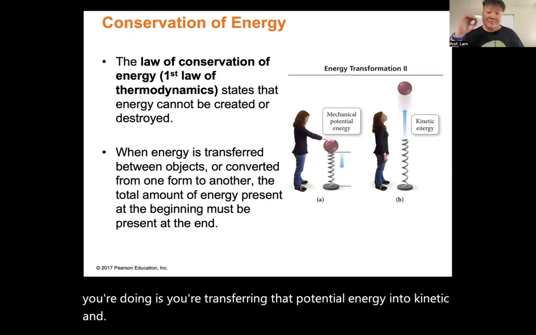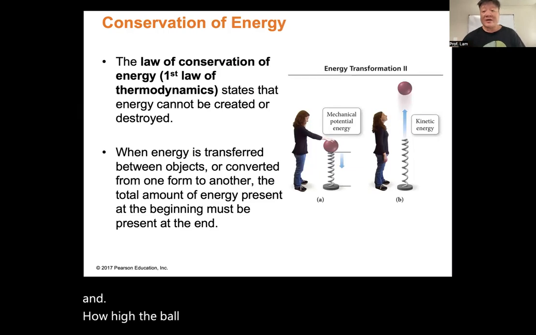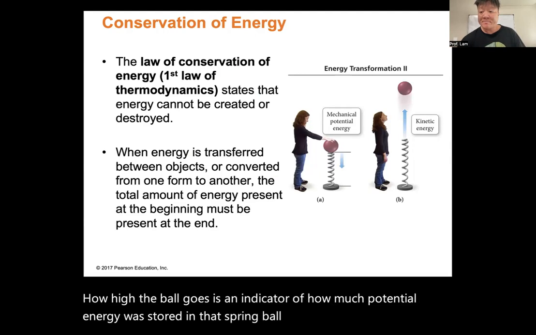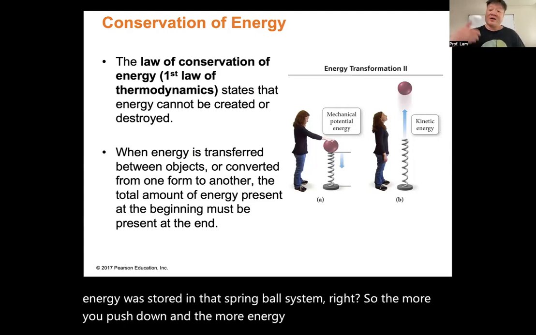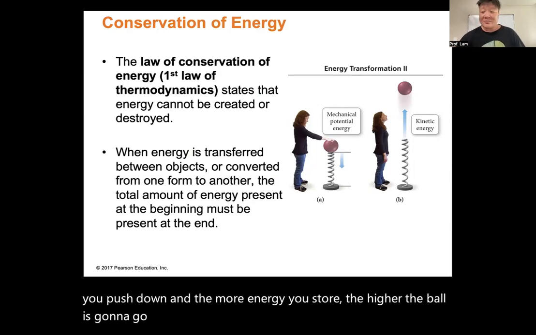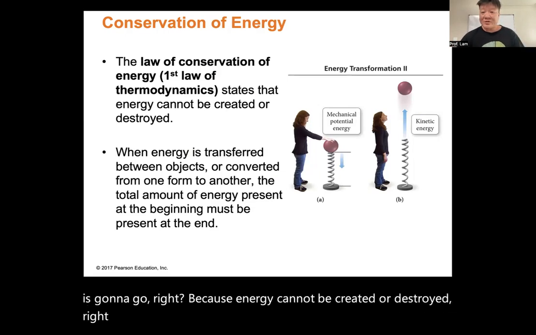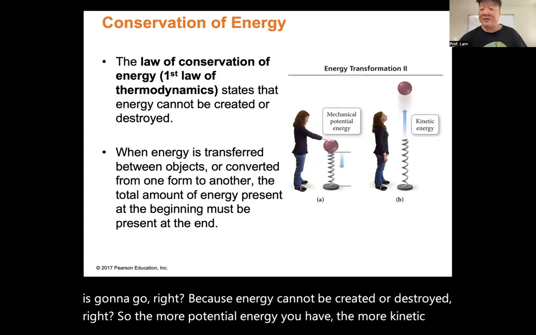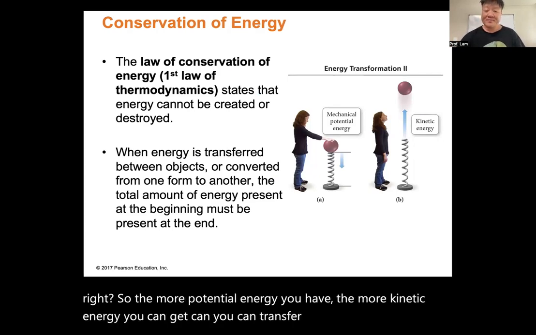And how high the ball goes is an indicator of how much potential energy was stored in that spring ball system. So the more you push down and the more energy you store, the higher the ball is going to go, because energy cannot be created or destroyed. So the more potential energy you have, the more kinetic energy you can transfer to.